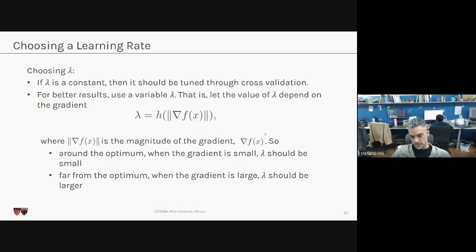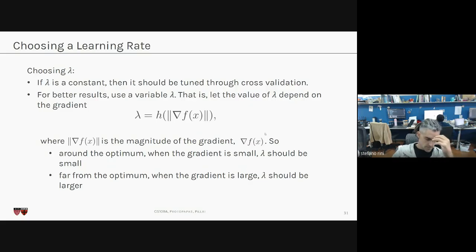The idea is that when we are far away from the optimum, the gradient should be very large because we are in a very steep part of the function. If you imagine the function to be some sort of ball shape, at the side of the ball you have the largest magnitude, and when you are close to the minimum, the gradient becomes small. So choosing the learning rate in this manner allows you to move fast on the side of the ball and then slow down as you get closer to the minimum.